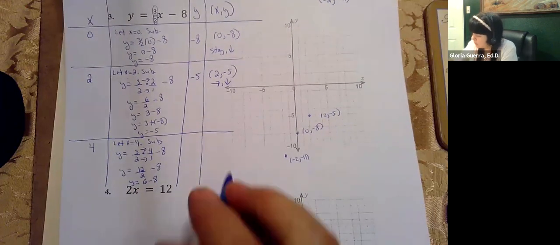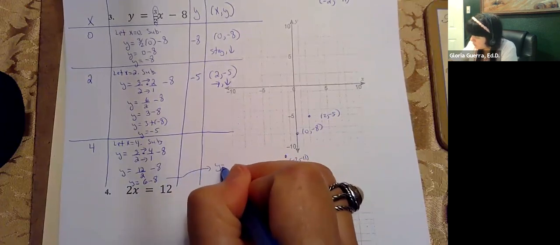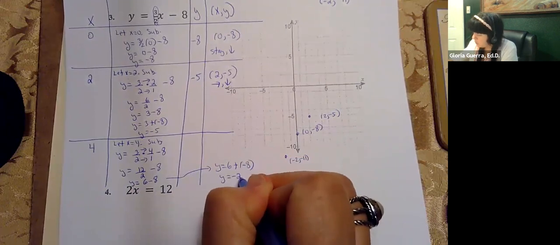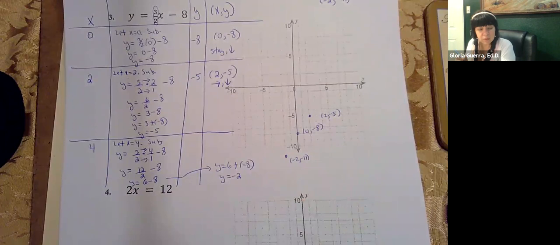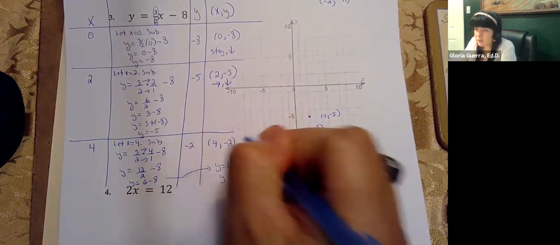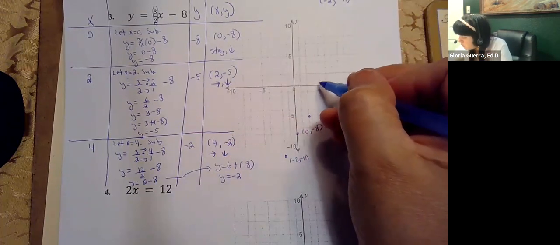So 12 over 2 is 6 minus 8. And that gives you y equals 6 plus -8. So it gives you a -2, doesn't it? So when x is 4, y is -2. So you go to the right 1, 2, 3, 4, and then you go down.